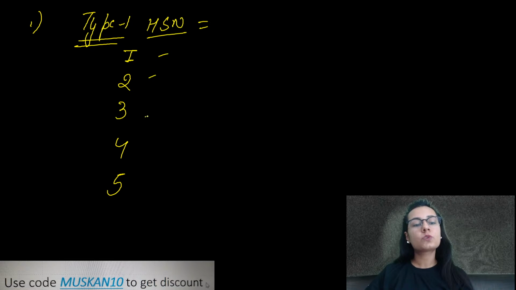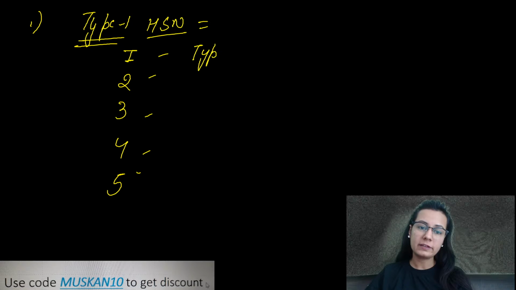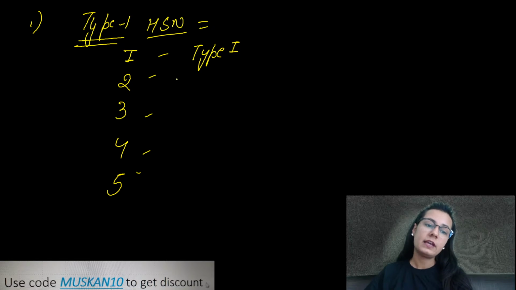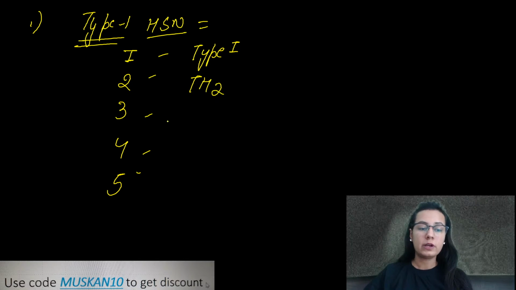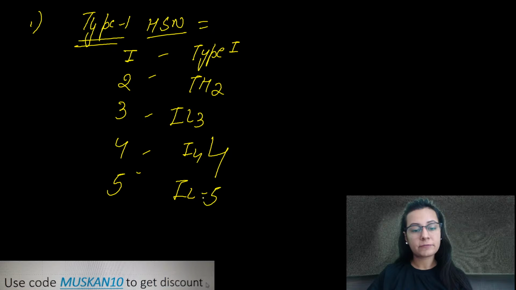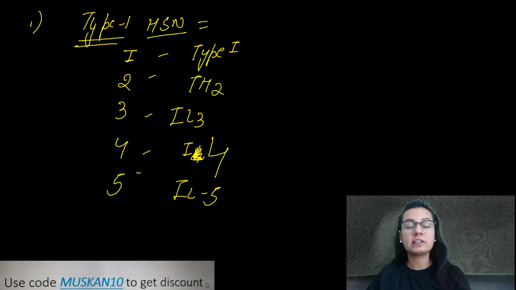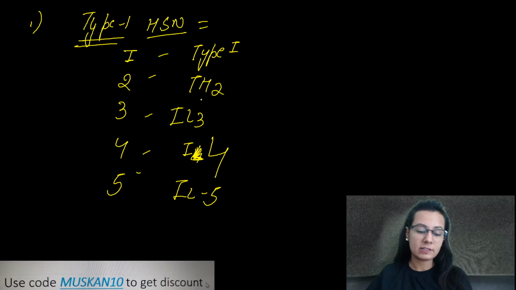The 1 is for type 1, 2 is for TH2, and 3 is for interleukin 3, interleukin 4 and interleukin 5. 4 is bigger because it is mainly interleukin 4 that is responsible for type 1 hypersensitivity.